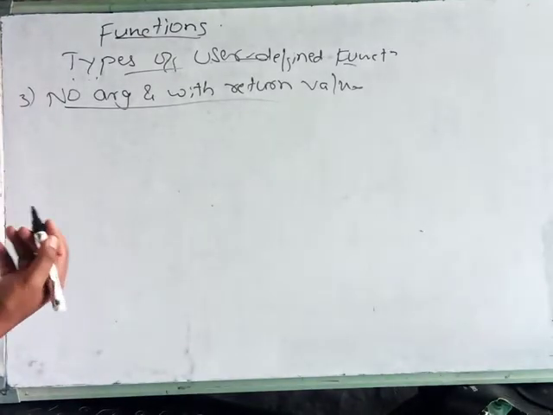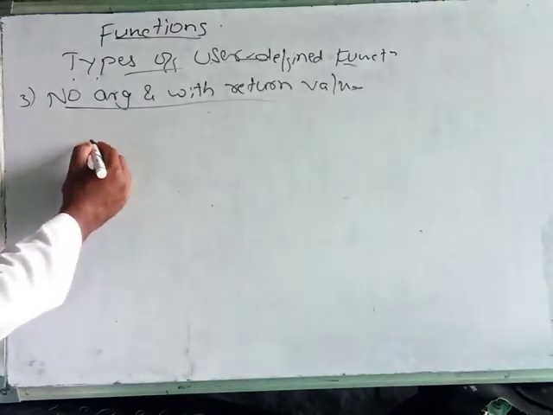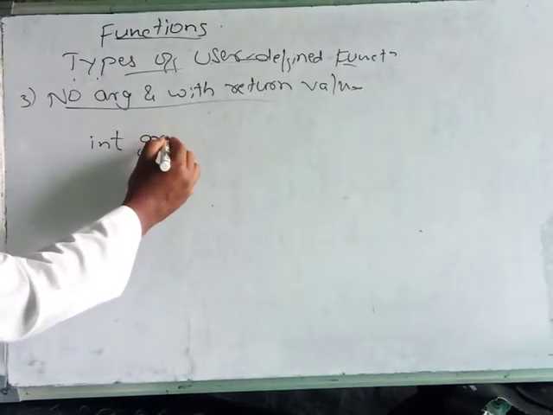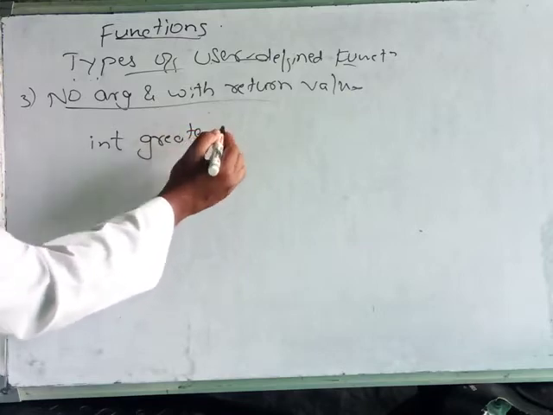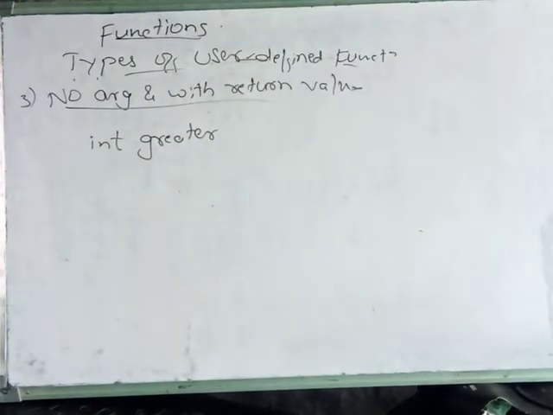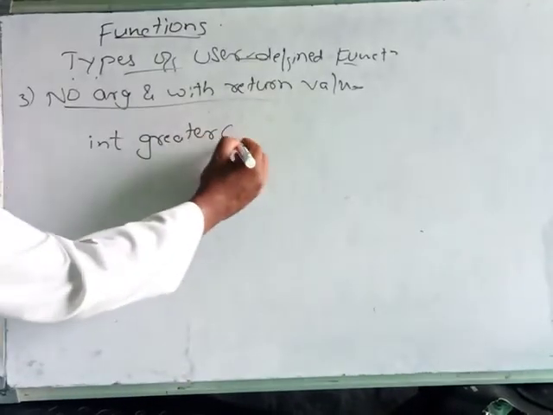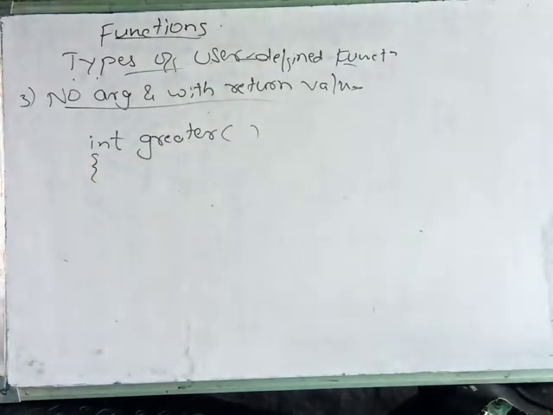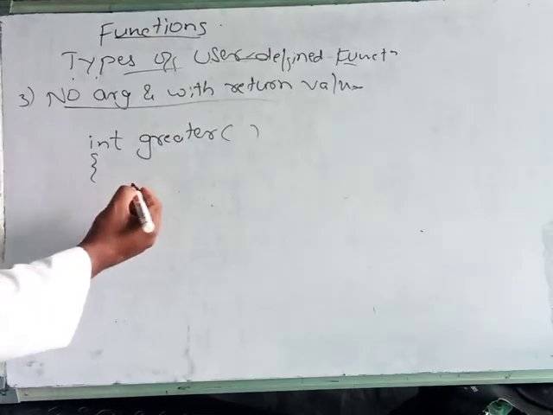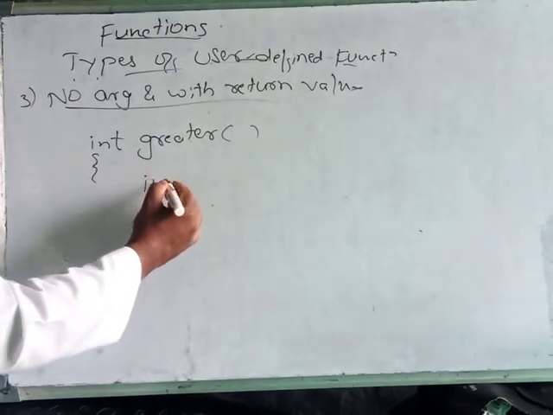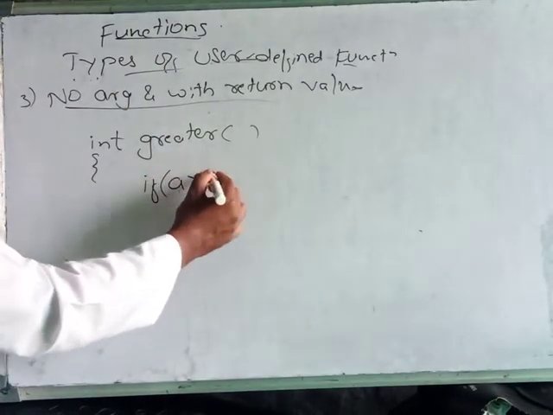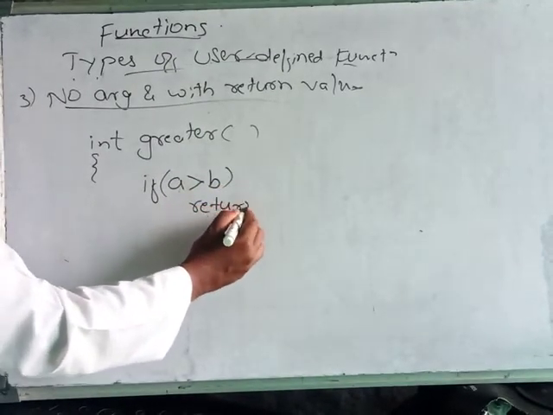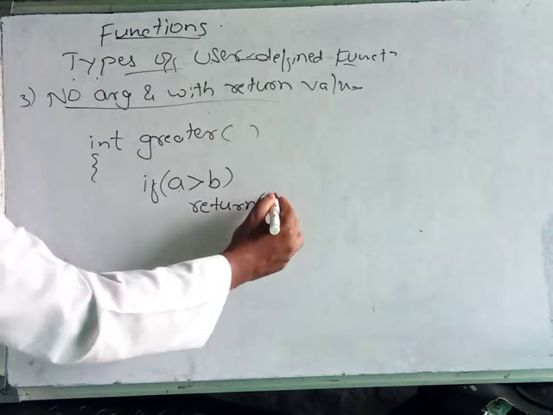For example, we are writing one function, int greater. Here we are writing a function to know which one is the greater number. If a is greater than b, here it will return a.